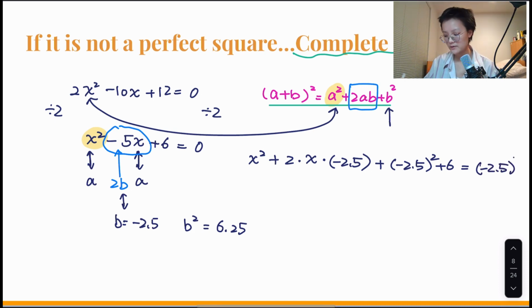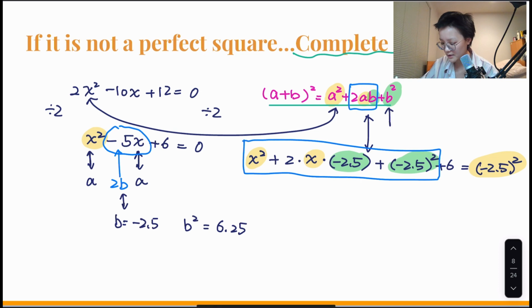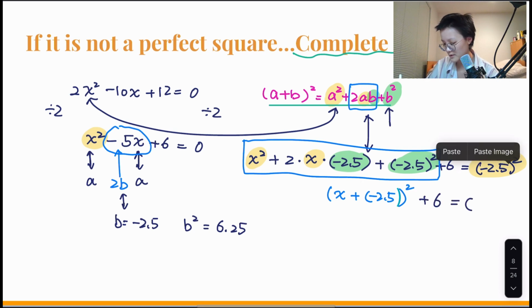By adding it on both sides, I try to complete the square without changing the actual value of this equation. This part of the equation is the expanded form of (a plus b) squared. So we have a, which is x, plus b, which is negative 2.5, squared.